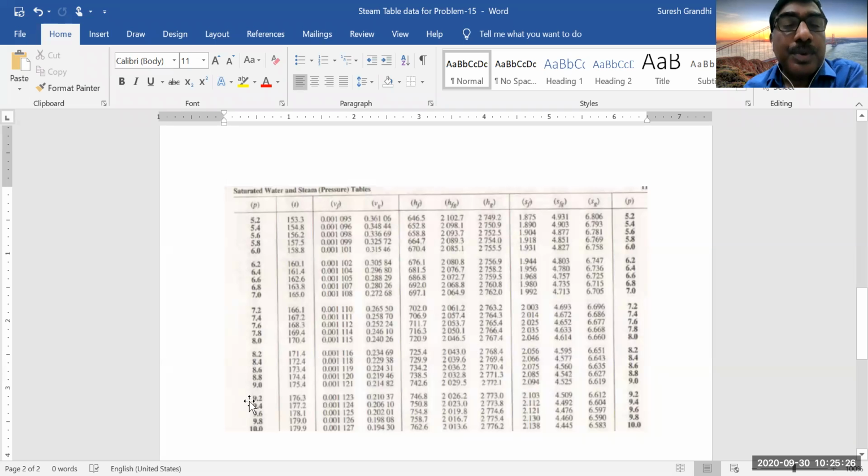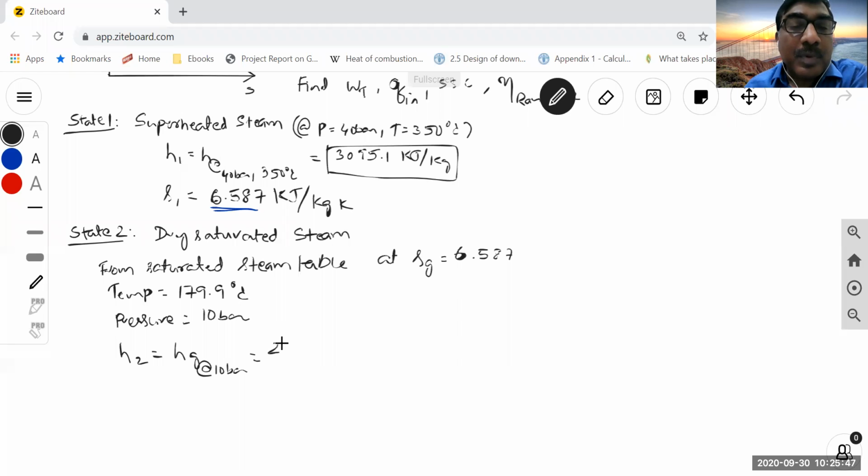The value at 10 bar, the Hg is 2776.2 kilojoules per kg. So now you got the H2 also.